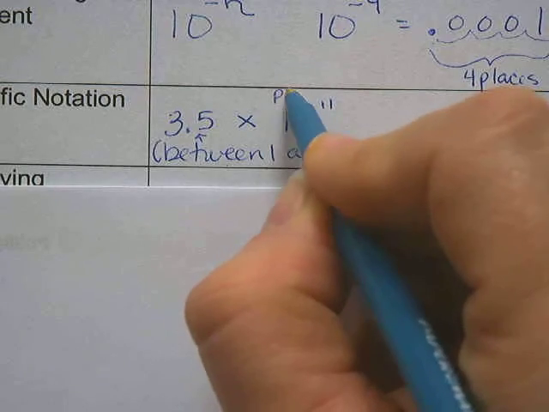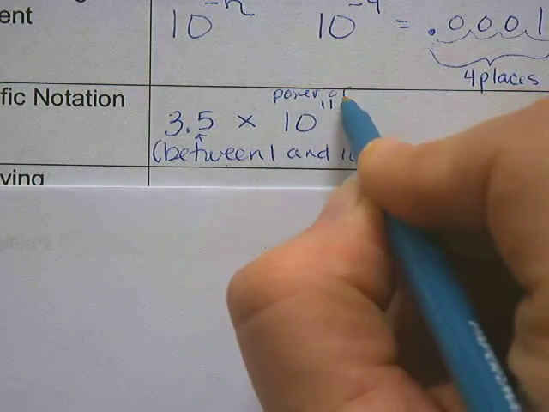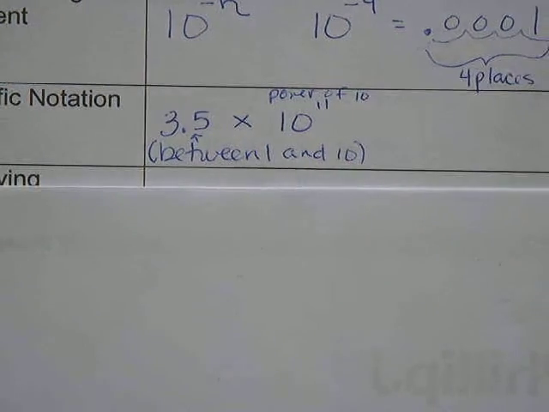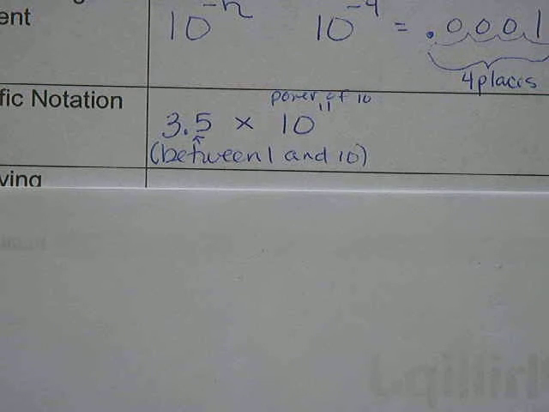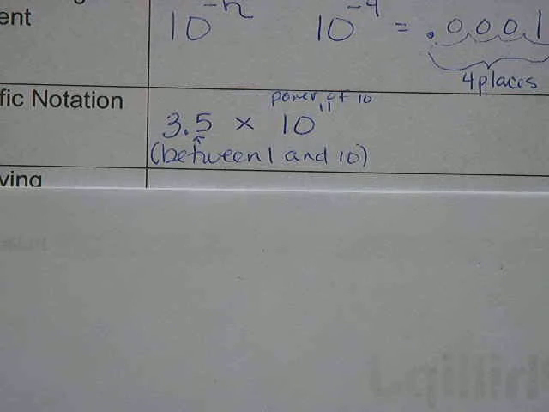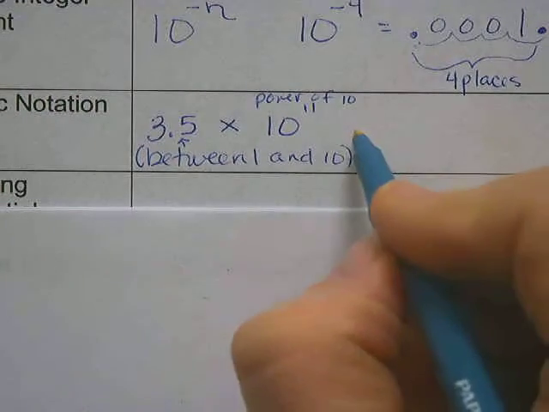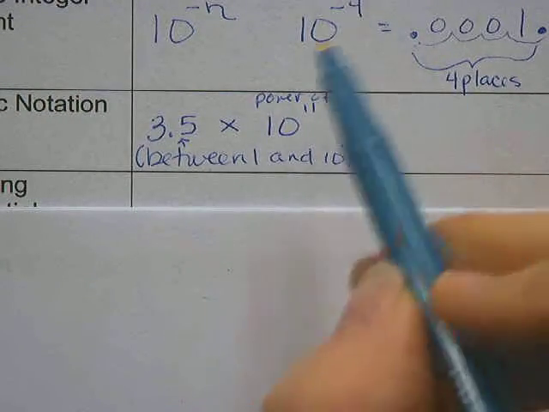And the second rule is that the second part of the scientific notation has to be a power of 10. Okay, so that's kind of the standard that scientists have come up with, is that we're going to write our numbers in two parts. The first part has to be a number between 1 and 10. The second part has to be a power of 10.